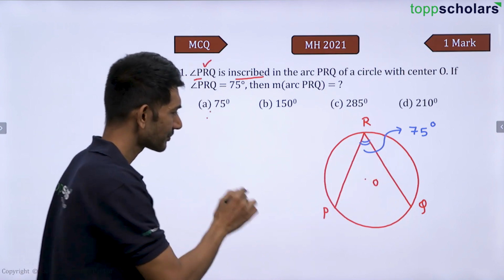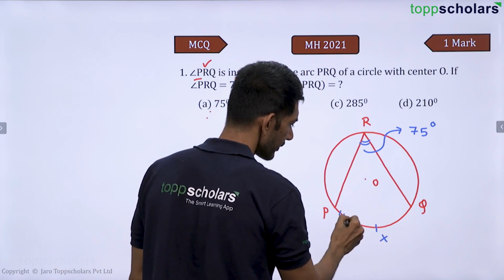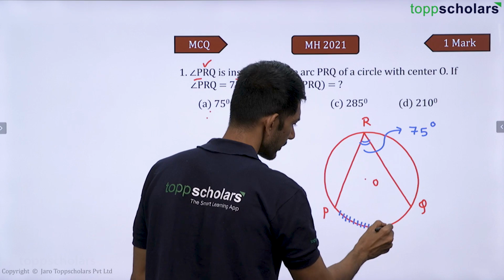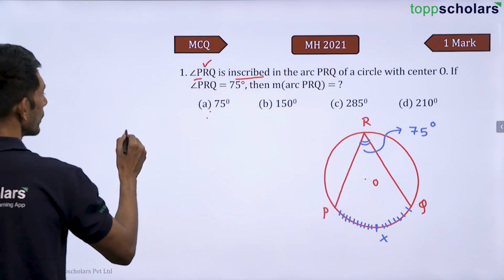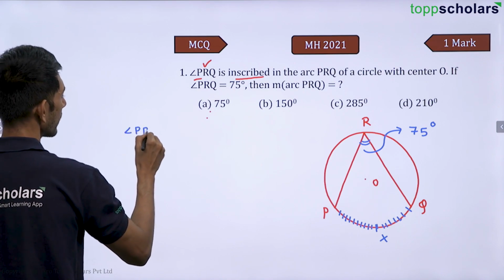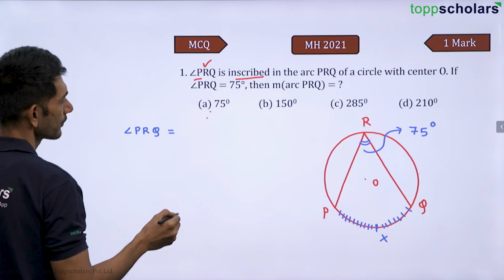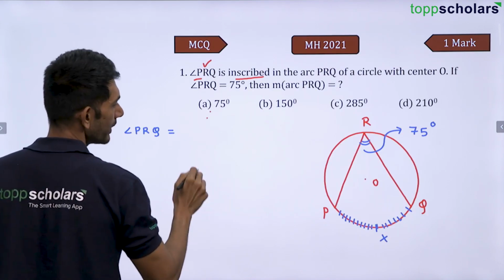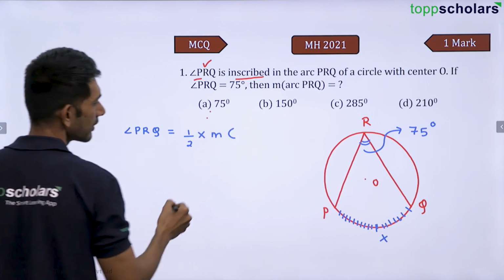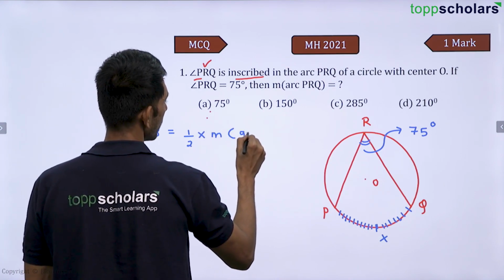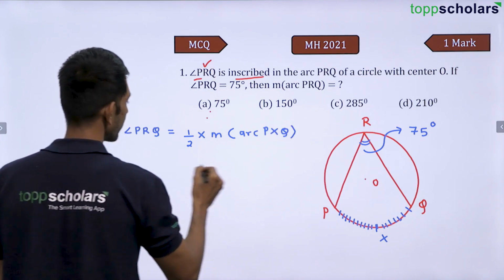Now see, if I take a point over here, say for example X, we know that by the inscribed angle theorem, angle PRQ will be equal to half of the measure of arc PXQ.